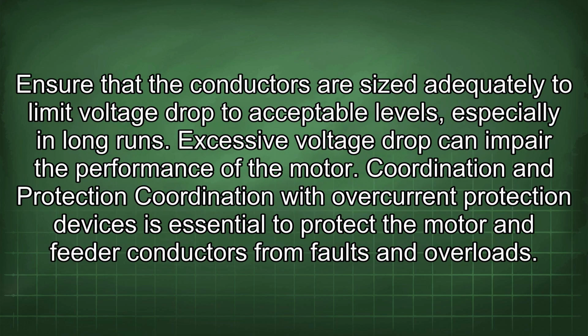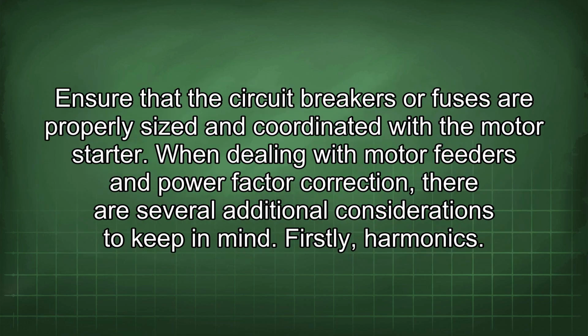Ensure that the conductors are sized adequately to limit voltage drop to acceptable levels, especially in long runs. Excessive voltage drop can impair the performance of the motor. Coordination and protection: coordination with overcurrent protection devices is essential to protect the motor and feeder conductors from faults and overloads. Ensure that the circuit breakers or fuses are properly sized and coordinated with the motor starter.